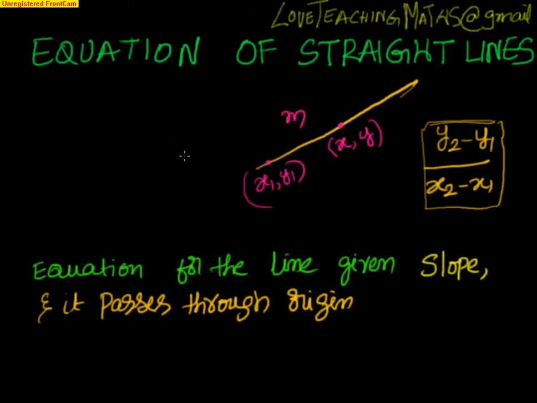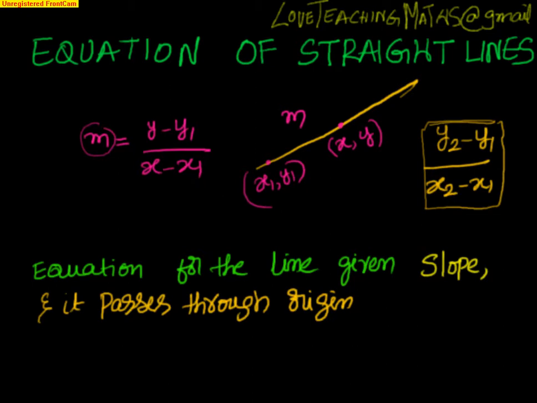I am not going to actually derive the equation, I am just trying to explain this. We know that m is nothing but equal to y minus y1 by x minus x1, right? And you have been already given the slope. That's nothing but one type of equation where you have been given one point and you have been given slope, which we say as point slope equation.